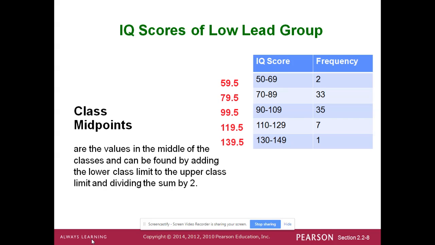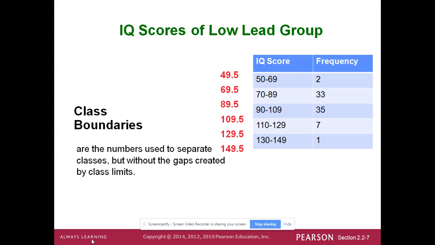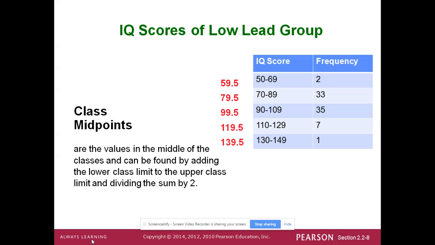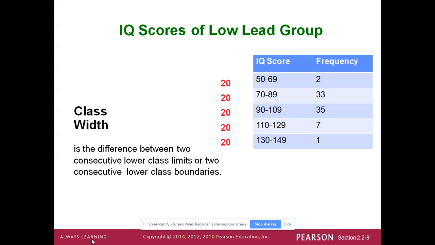Remember, our boundaries were those numbers: 69.5 minus 49.5, still 20. Class width, 70 minus 50, still 20. So whether you use the lower class limit or the class boundary, you should get the same number for class width. That's always a good checking spot to make sure you're doing things correctly. The class width is an important thing, be able to calculate that.